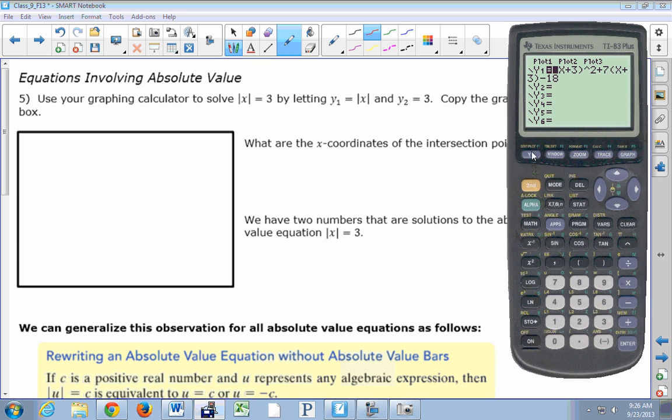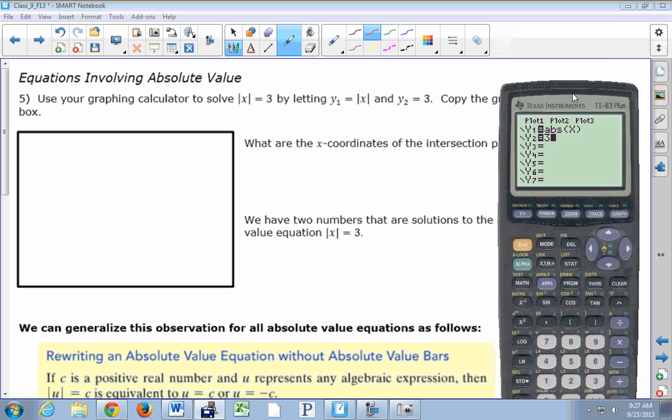So let's go to our calculator. Let's remember where the absolute value is. Does anybody remember where the absolute value is? Math, num, and there it is, ABS. Okay, so the left-hand side of my equation is absolute value of x. That goes in y1. The right-hand side is 3.